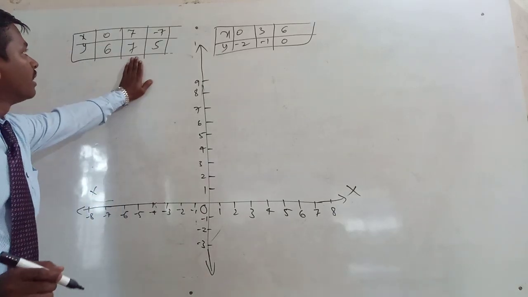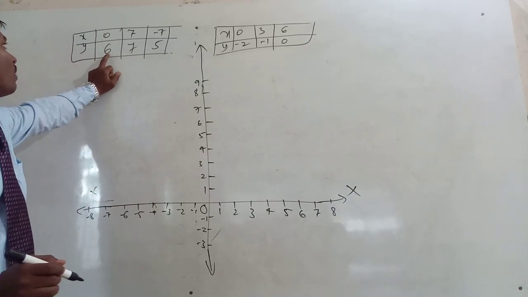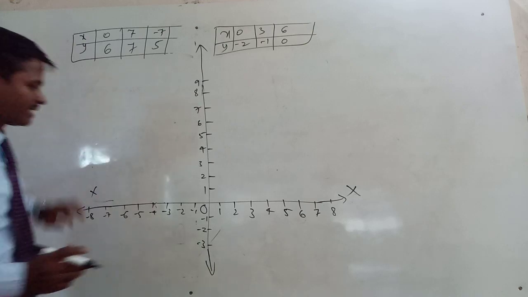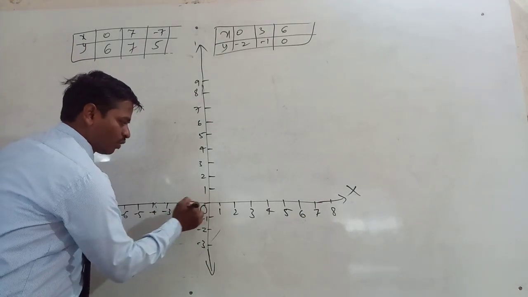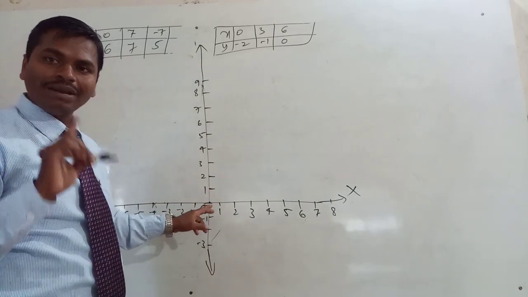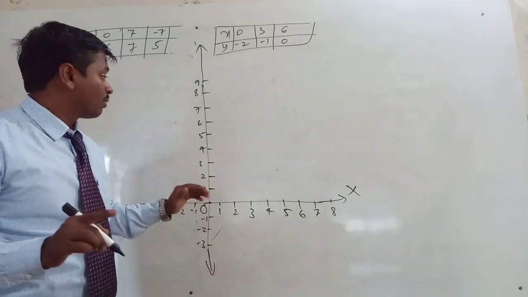Observe this table. When x is 0, y value is 6. X value is 0 means it is at the origin, and y value is 0 means it is also origin. It will start from origin. Now what is here?